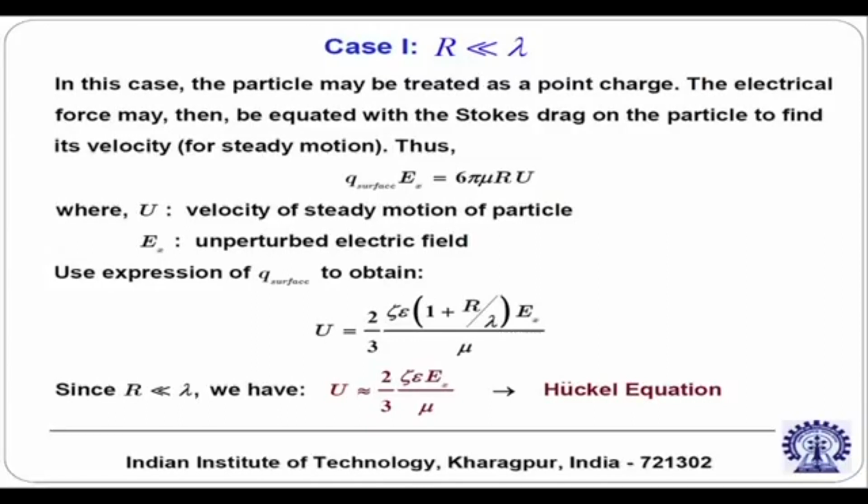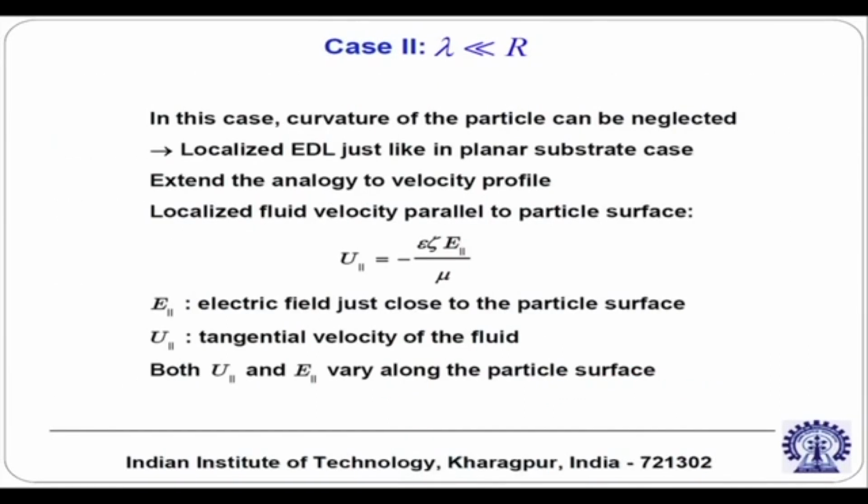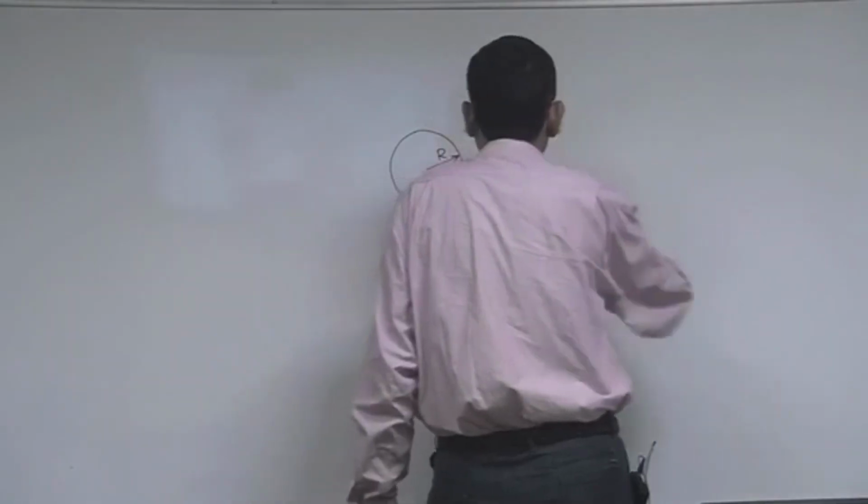Now, we will continue with this today, and we will consider the other case, when lambda is much less than r, that is called the thin double layer approximation.